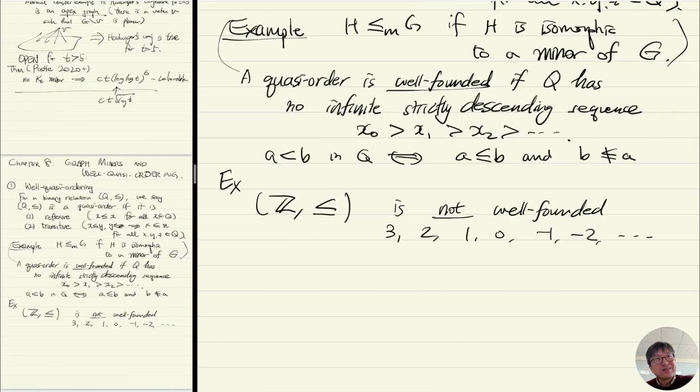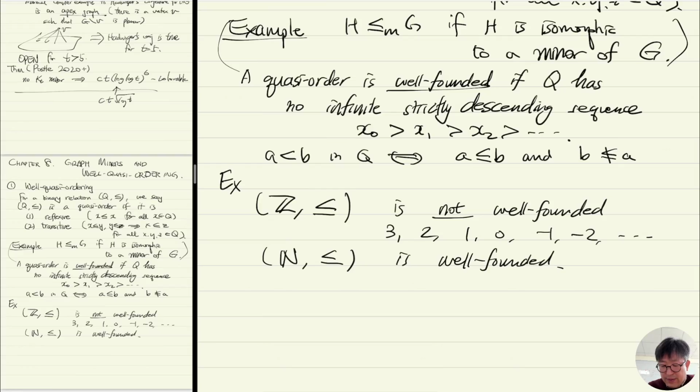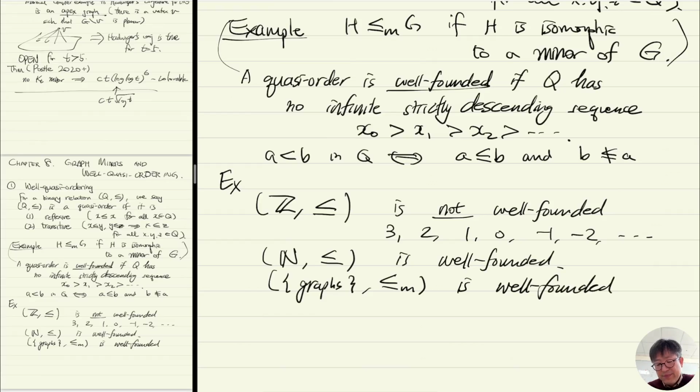There's an infinite strictly descending sequence. But if I take the set of positive integers with this relation, then this is well-founded. And if this is a set of graphs, of course here we talk about finite graphs, then this is well-founded.